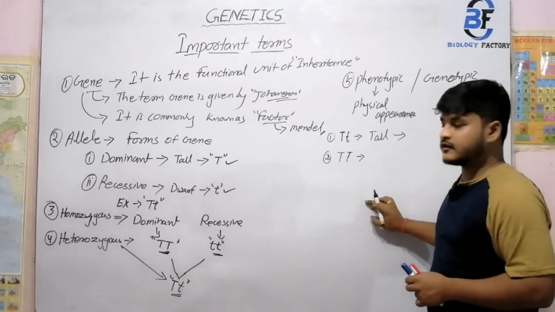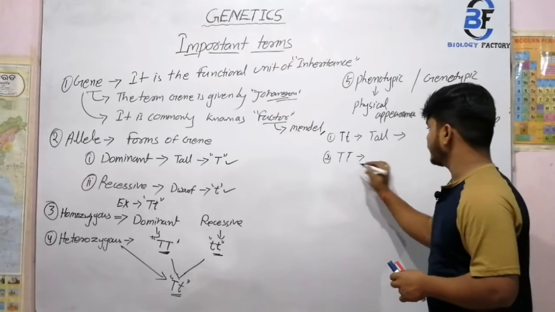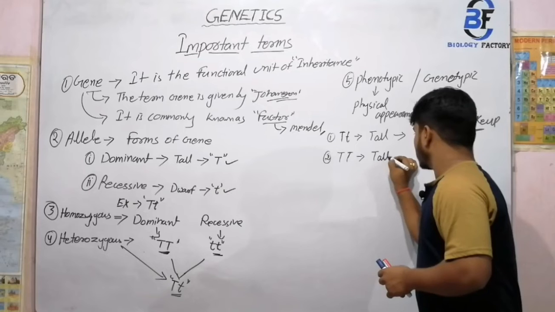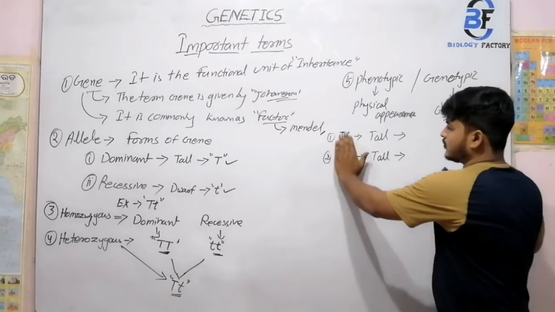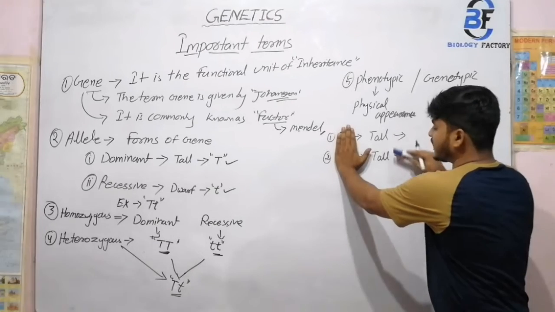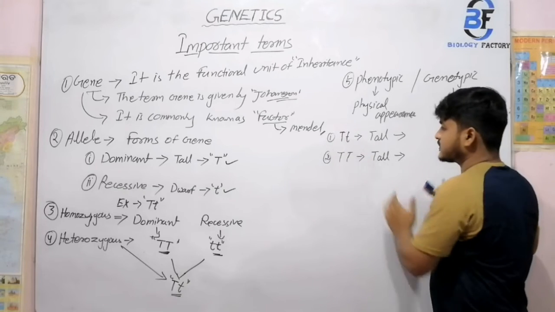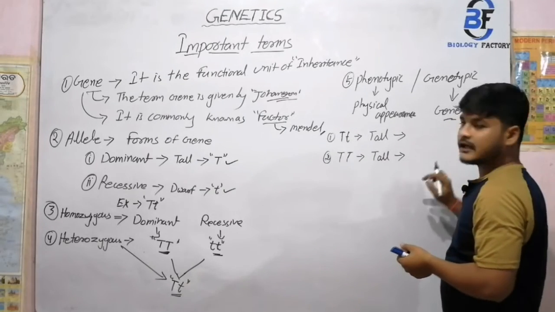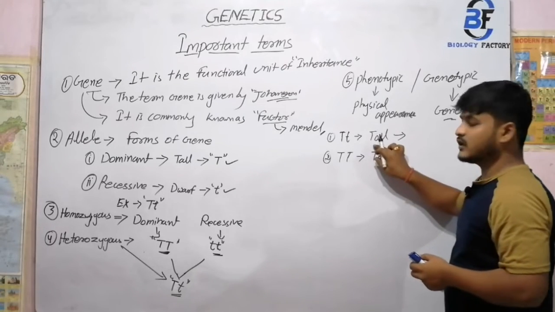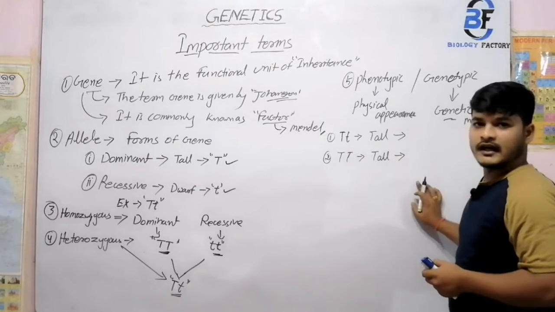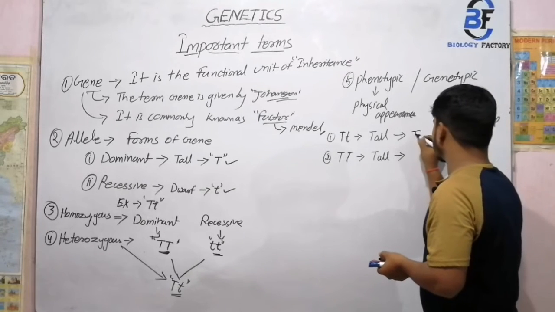That means it is the homozygous condition, and the other is the heterozygous condition, as we wrote here. Here also it is tall. In both cases, if we judge the physical appearance, the plant is tall. But if we talk about the genetic makeup, then we call capital T small t the heterozygous condition. That means it is heterozygous tall.